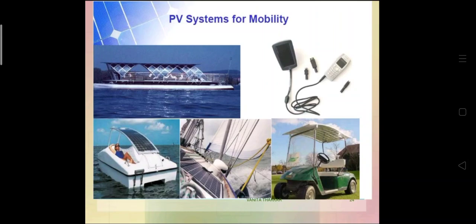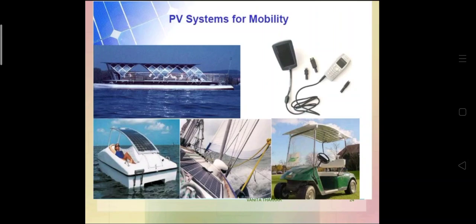This figure shows us different types of PV systems: PV systems on a building, and a small PV system to charge a mobile phone, and a PV system with solar panels arranged on a ship to convert solar energy into electric energy, and that electric energy is used on the ship.